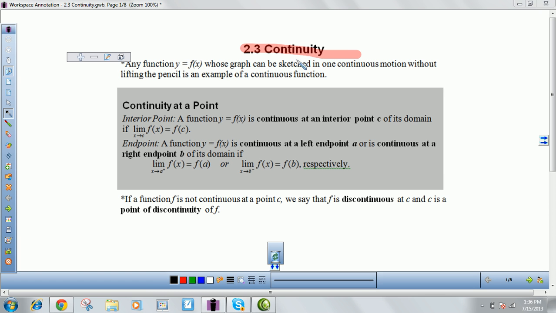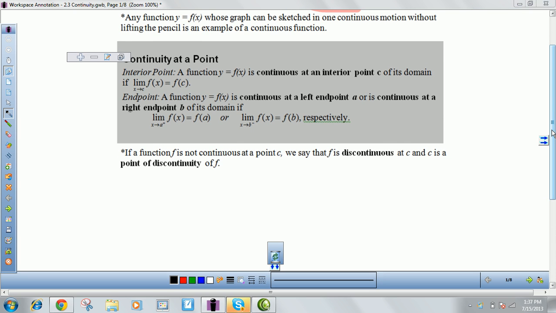It can have curves and bends and even sharp bends, but it can't have any breaks. So basically, a function whose graph can be sketched in one continuous motion without lifting the pencil is an example of a continuous function. You probably wrote something similar, maybe not applied to math, which is perfectly fine.